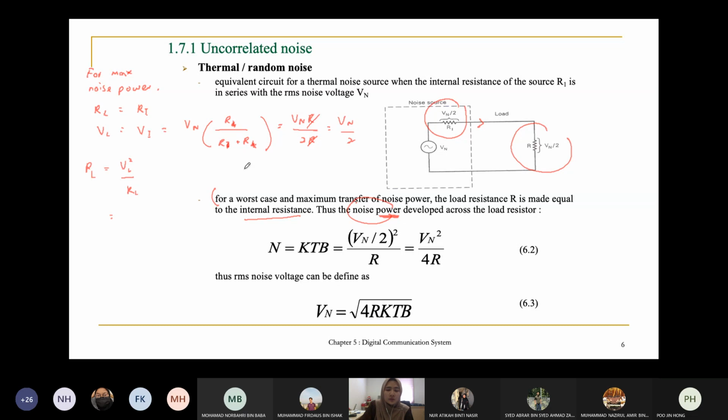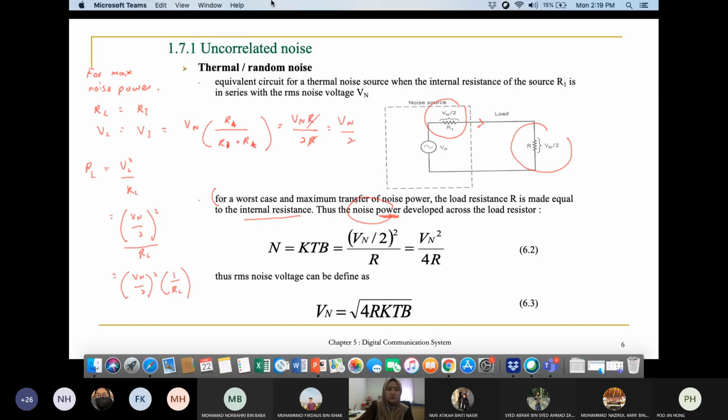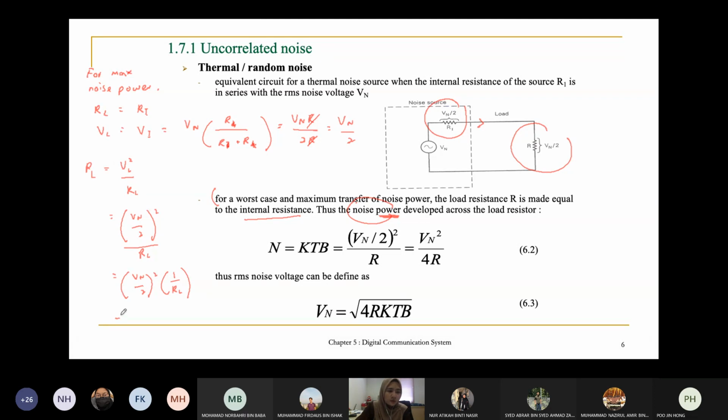VL is Vn over 2, so Vn over 2 squared divided by RL. When you calculate Vn over 2 squared, this will become Vn squared over 4, over RL. Your final answer will be Vn squared over 4RL.